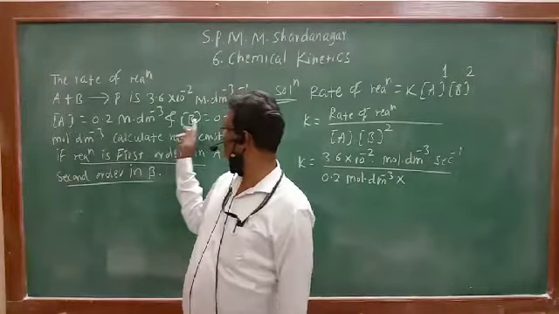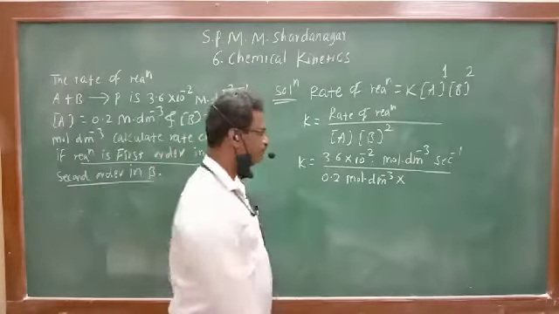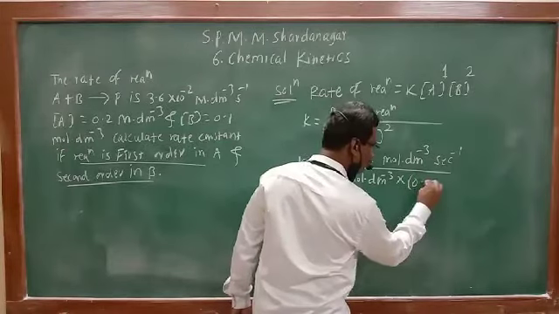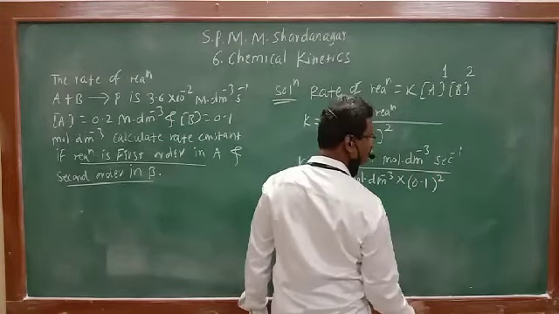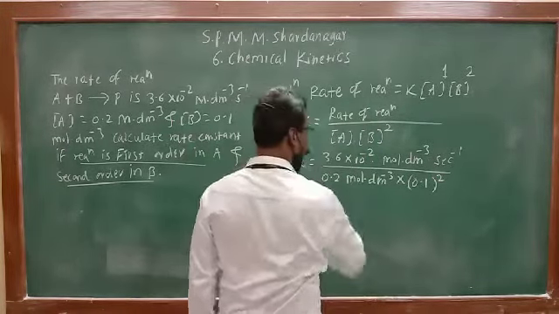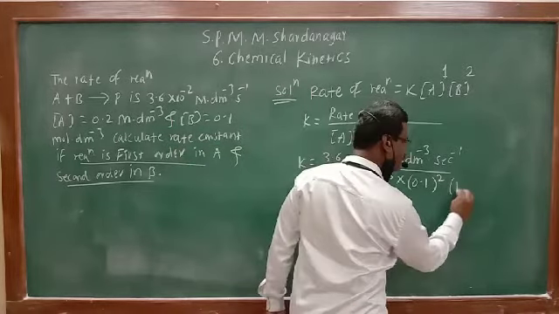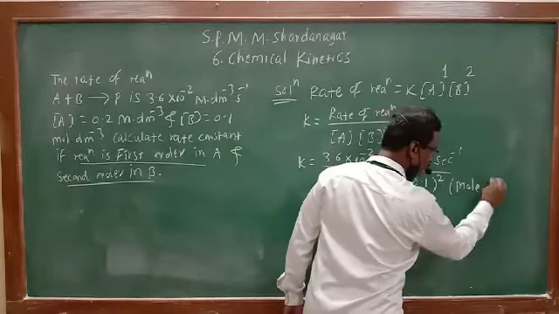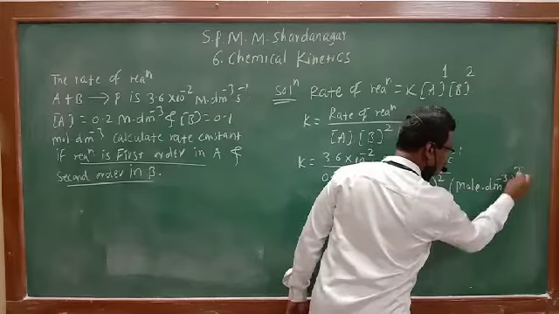The concentration of B is 0.1, so 0.1 square. The unit is mole per decimeter cube, and the unit is squared also: mole per decimeter cube, squared.